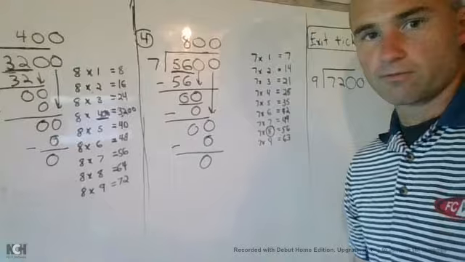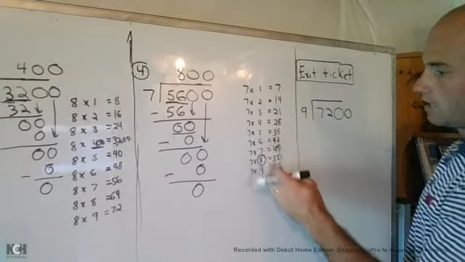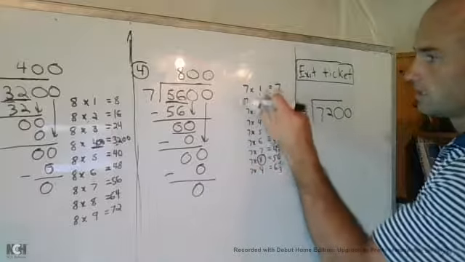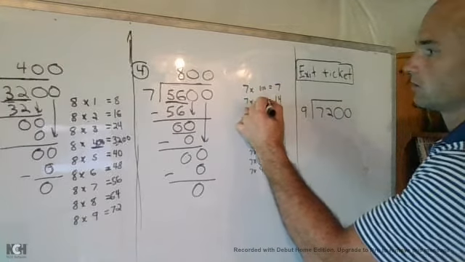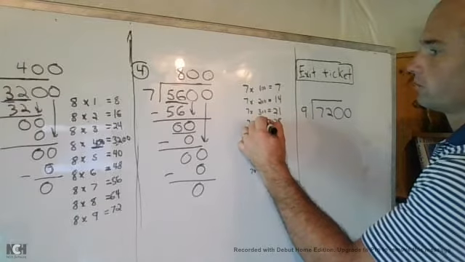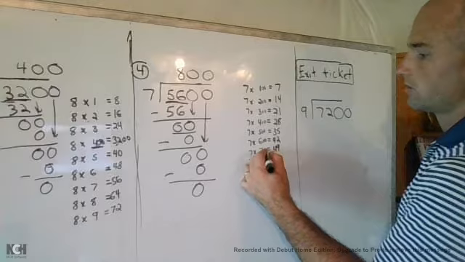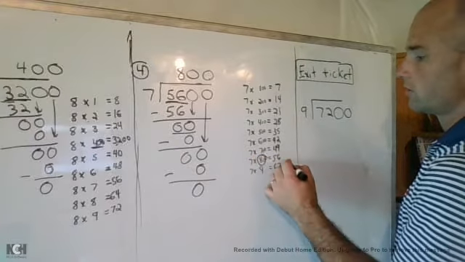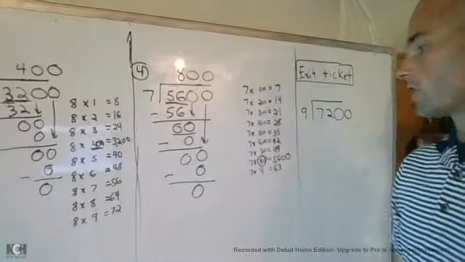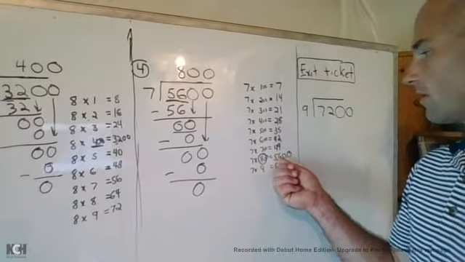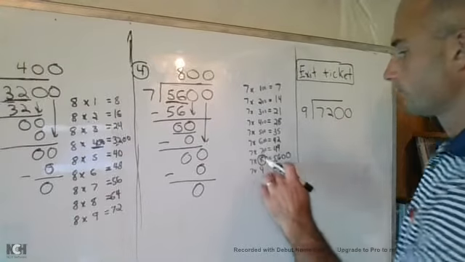Sorry for that glare there. And if you decided to multiply each of these 7s by hundreds, 100, 200, 300, 400, 500, 600, 700, 800, you would notice you would have gotten 5,600. So therefore, concluding that 7 goes into 5,600 800 times.